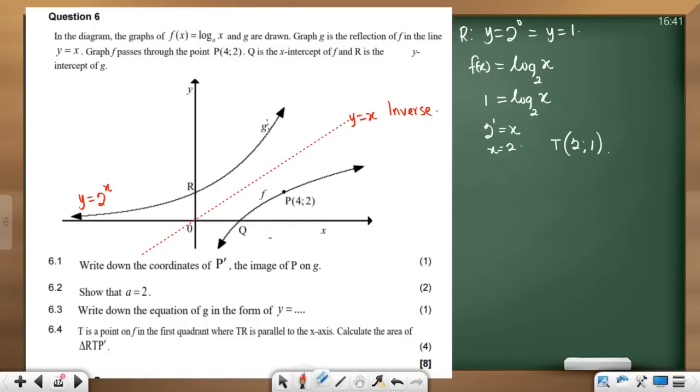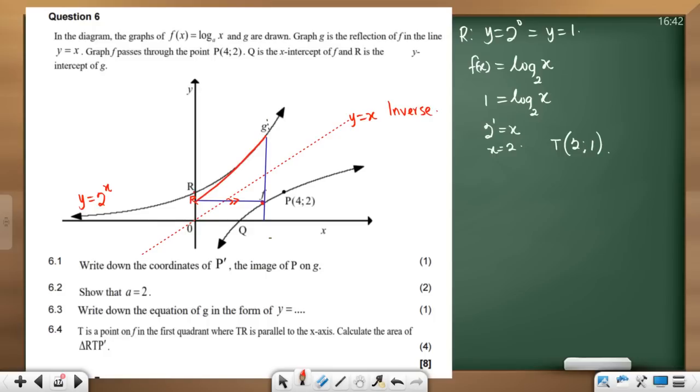Halfway there should be somewhere, be mindful of that. And we are told TR is parallel, so I'm just going to do that. I think this graph should have come down, and then we have that.